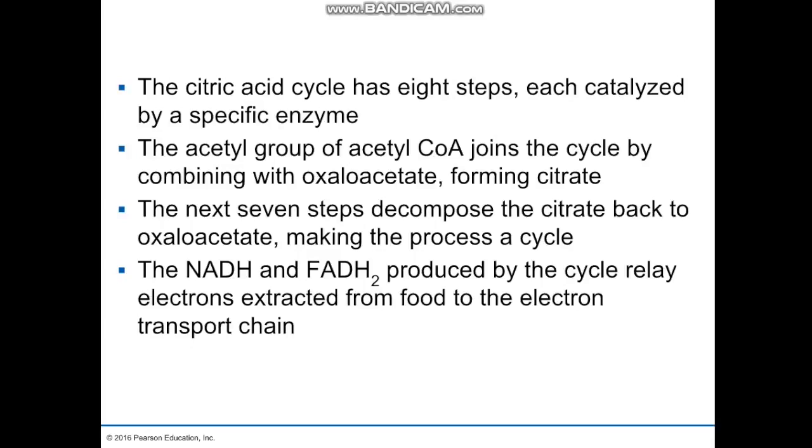And then the next 7 steps are breaking down the citrate to form oxaloacetate again. The NADH and FADH2 produced by the cycle relay electrons to the electron transport chain, which in turn helps create ATP by phosphorylating ADP.